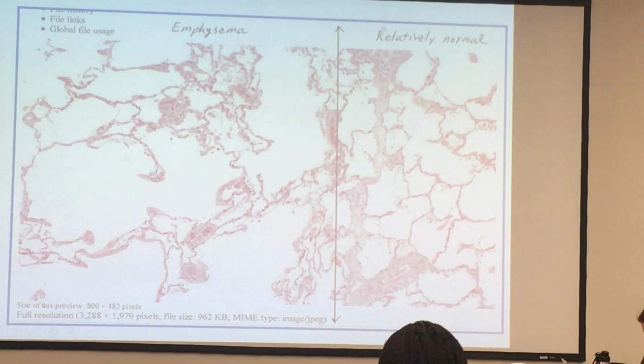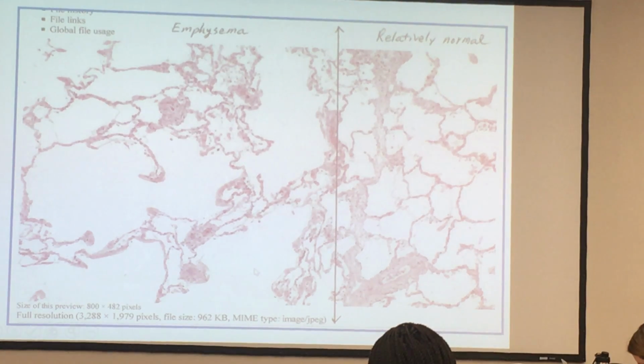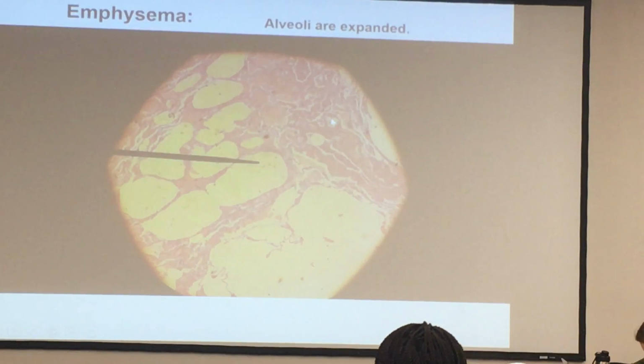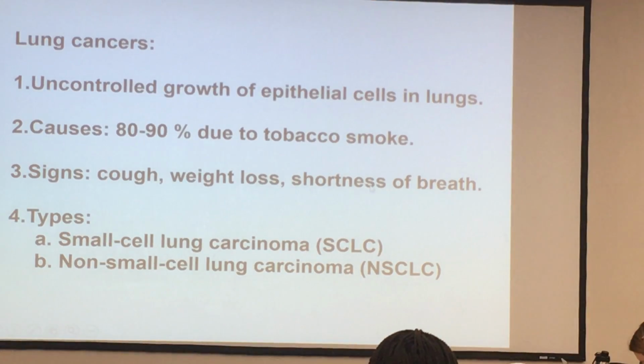This one is not an alveolar sac, it's a single alveolus. That means it swelled too much but lost the connection. And this one shows you the same thing. This is a single alveolus, and it's quite a bit bigger than the normal one. Here is the normal one to compare.